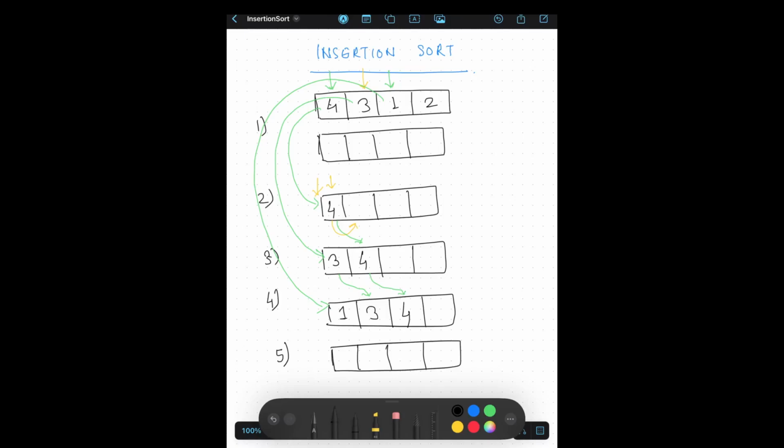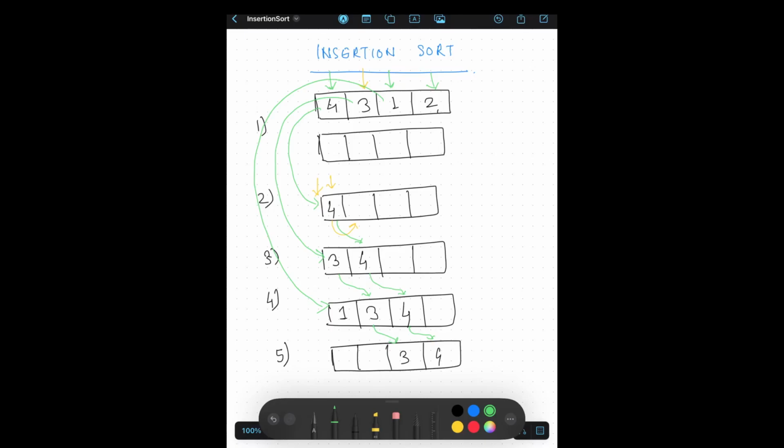Now in the next iteration, we again do the same thing. 2 is compared with 4, so 4 needs to move right. 2 is compared with 3, so 3 needs to move right. So we are going to do comparisons until we find a number which is smaller than our current value.